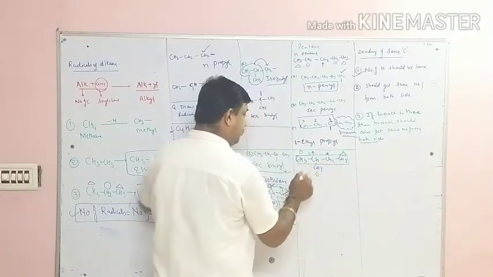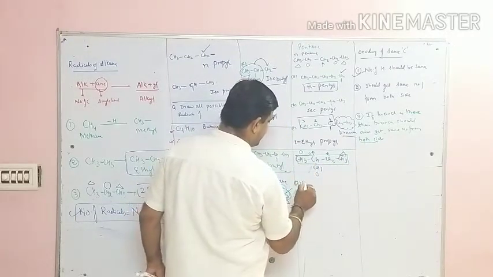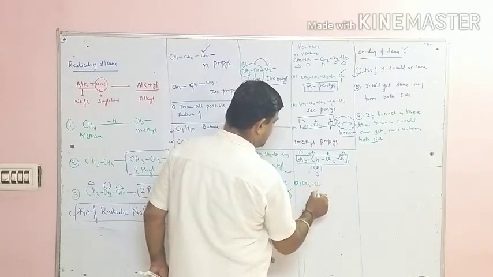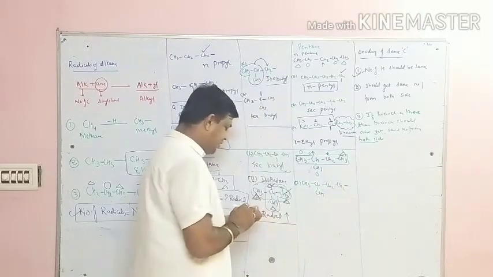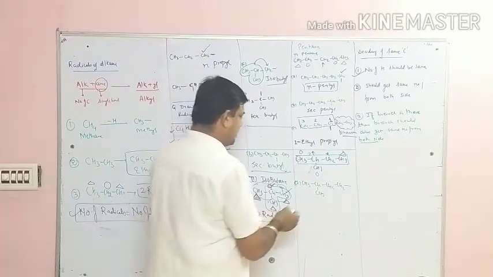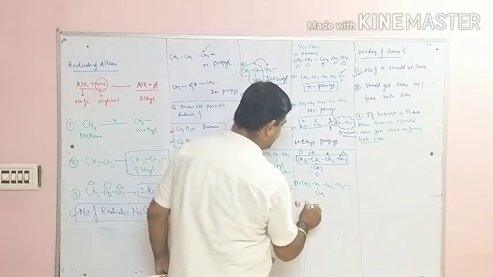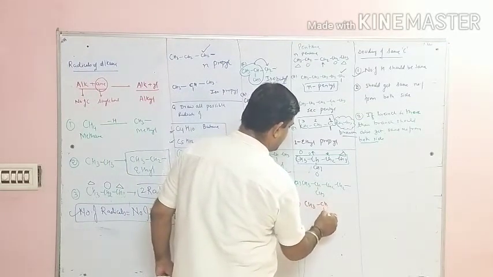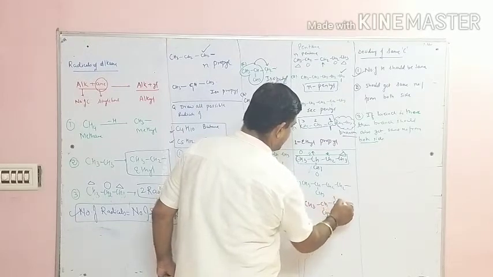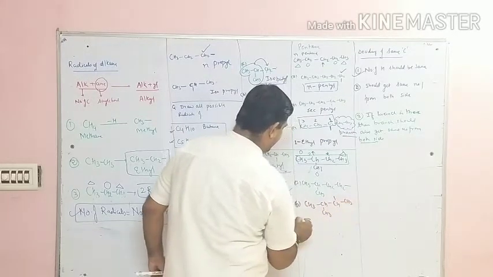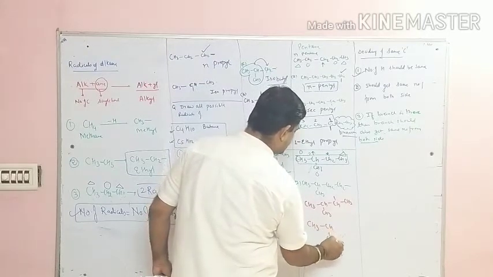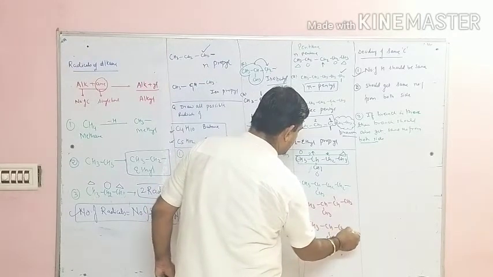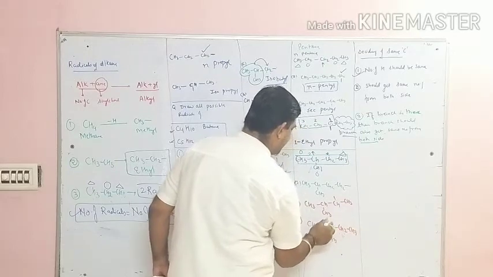1, 2, 3, 4. A: CH3, CH, CH3, CH2. This is the first radical, made by making the valency free from the first carbon. If I draw B, this is the second radical. If I draw C, this is the third radical.